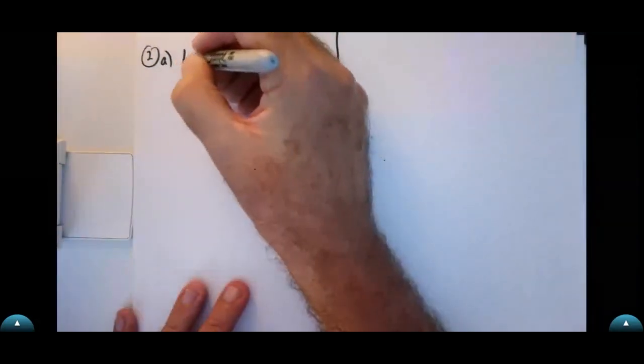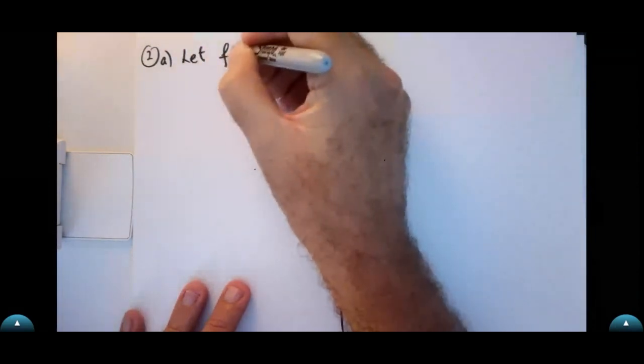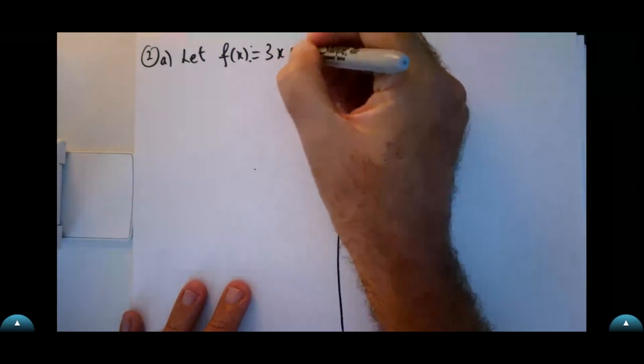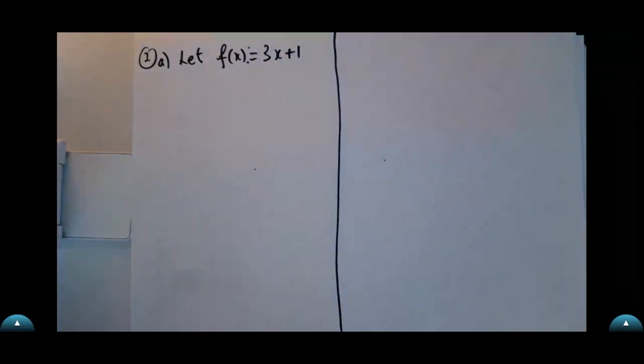Inverse functions, remember, they undo the original function. So here, a function is defined by 3x plus 1.